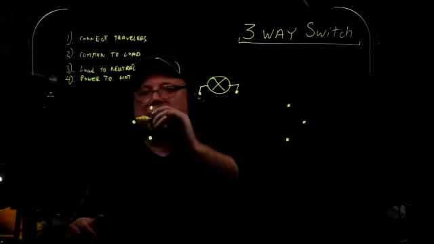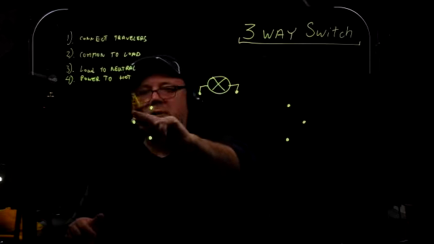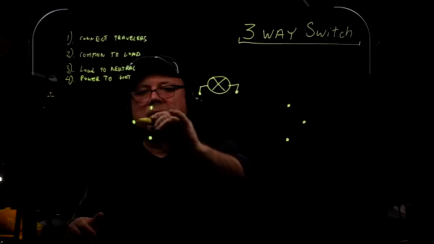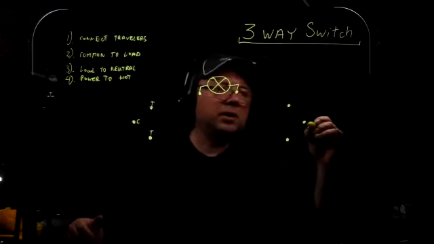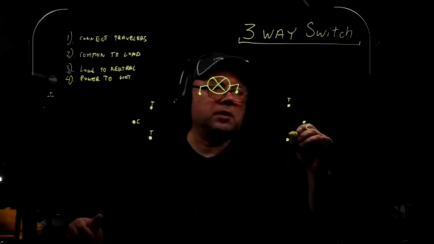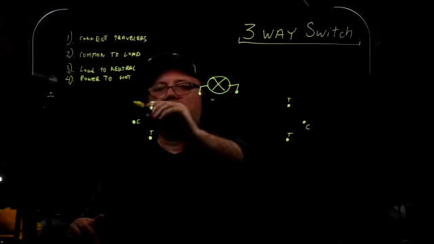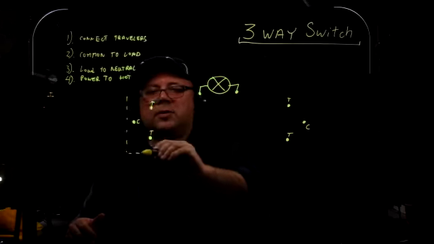And let's just label some of those here. Here's our common, traveler, traveler, common, traveler, traveler. Here's our box, device box.